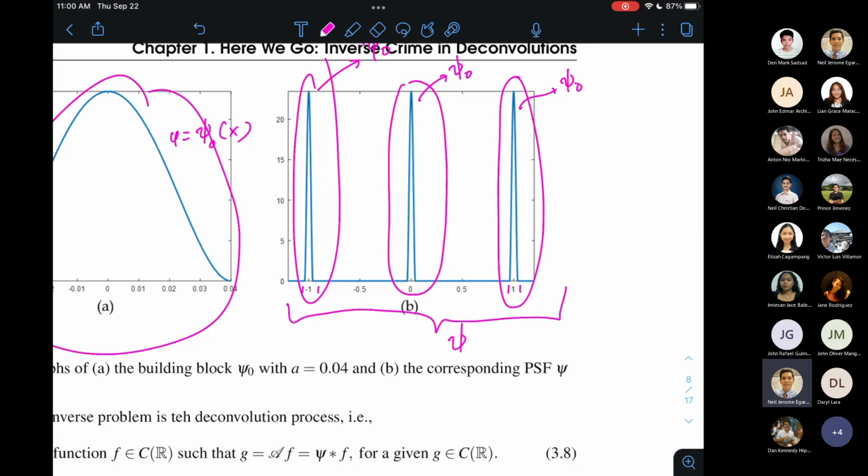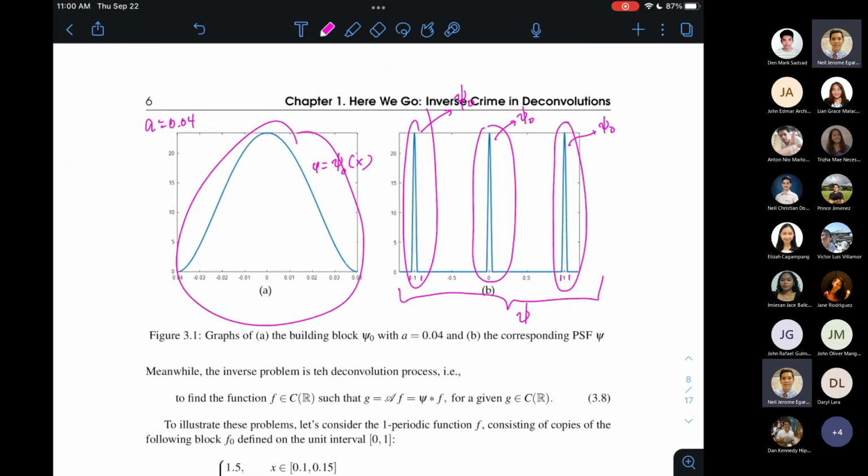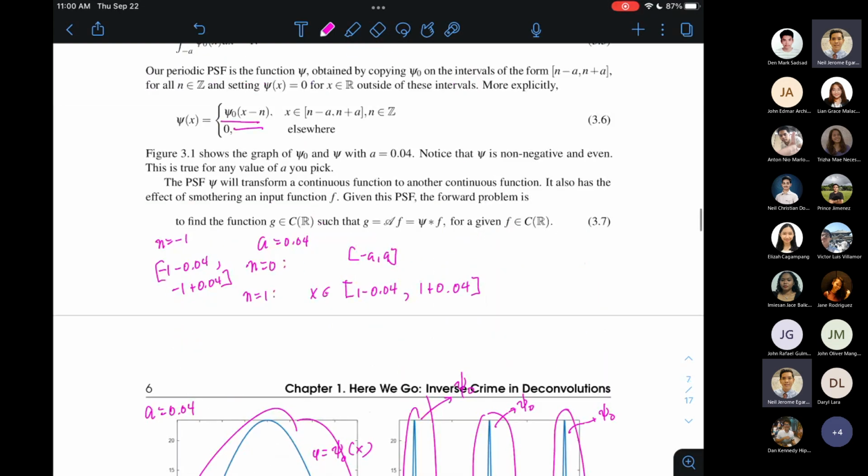All right? Now, that is the function f. So let's see how psi acts under the convolution process. Well, the forward problem is we now know the fixed function psi, right? And if you are given a function f, the forward problem is to find the continuous function g such that g is equal to the image of f under the convolution operator.